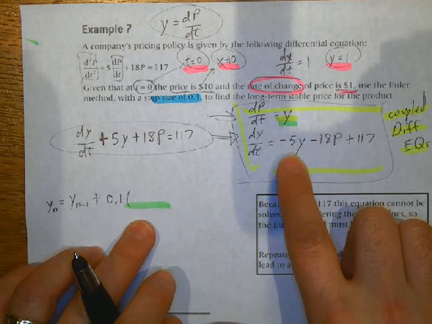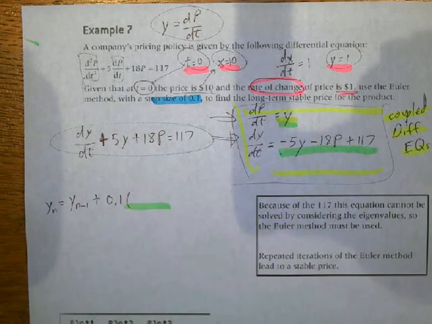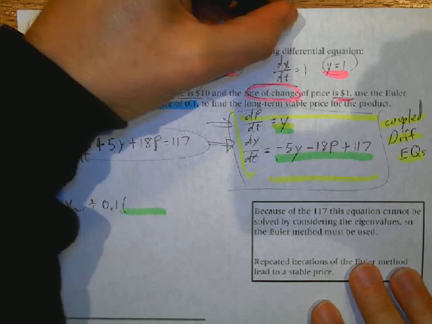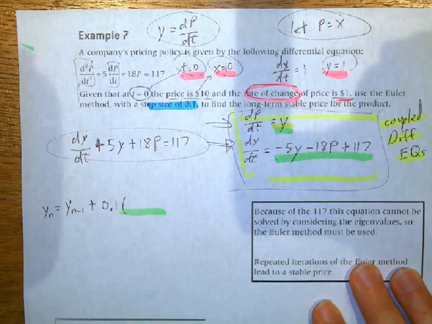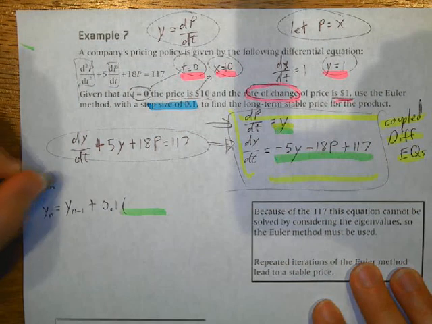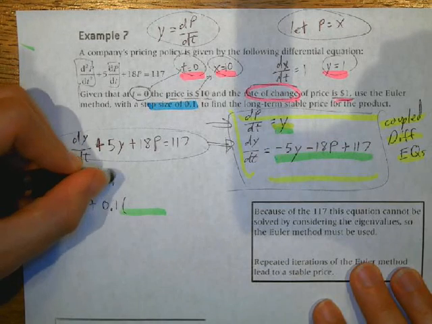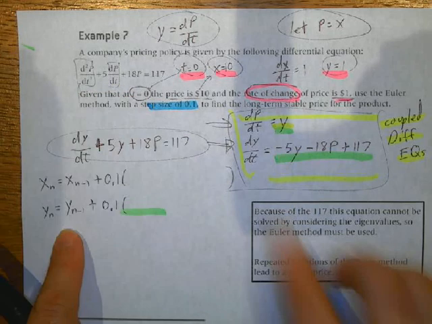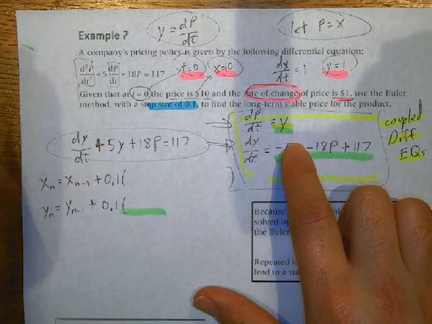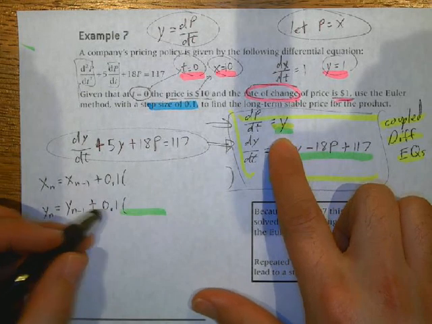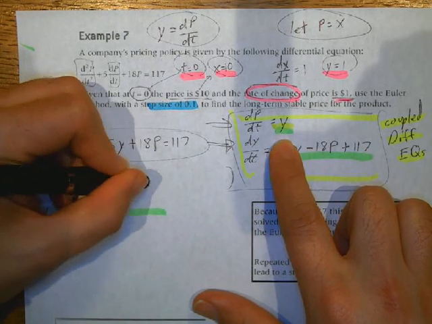I'm going to write actually this guy here. I'm going to let p equal x. If I let p equal x, then I'm going to have x_n equal x_(n-1) plus 0.1 times this, which is y subscript n minus 1.